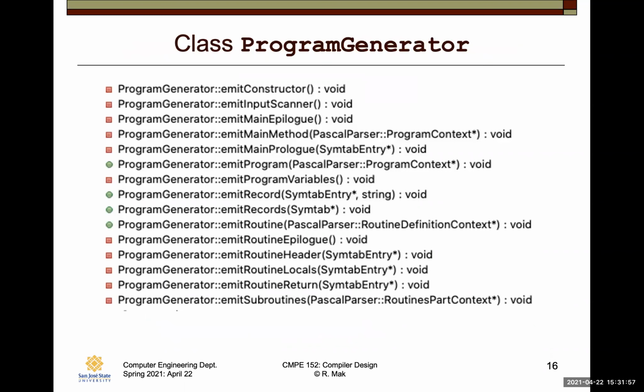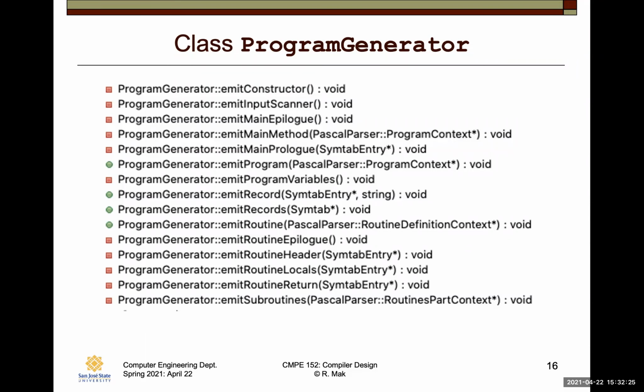Program generator. This is sort of the top level generator. It generates code for the main program. You can see the epilogue and prologue here. It also generates code for any of the functions and procedures. We also do some code generation for records.